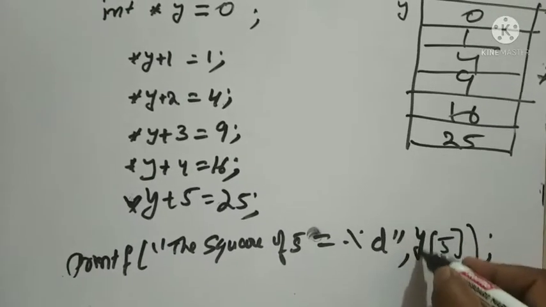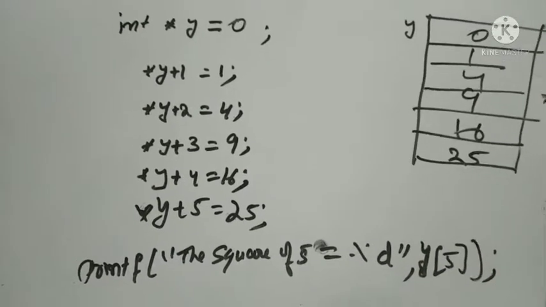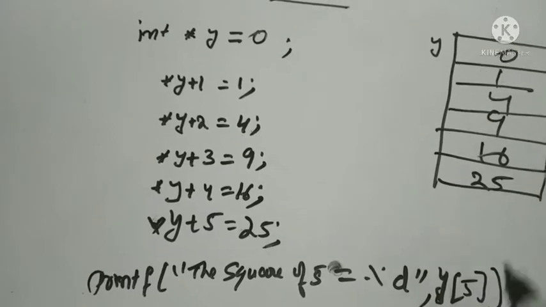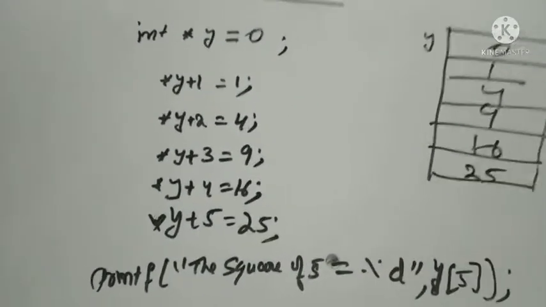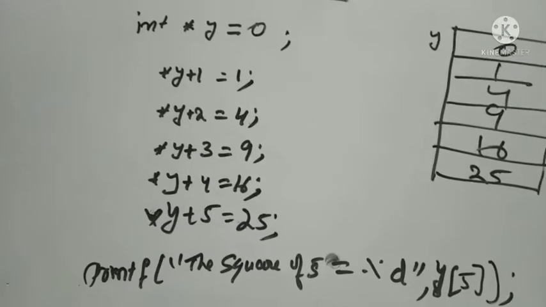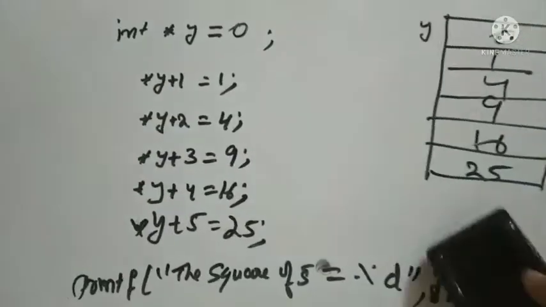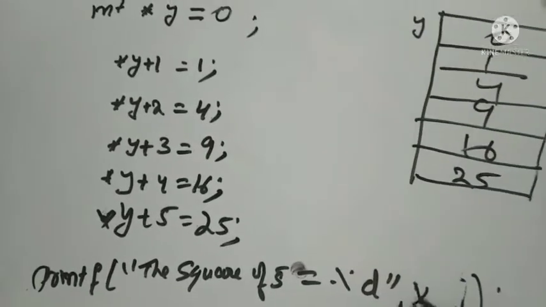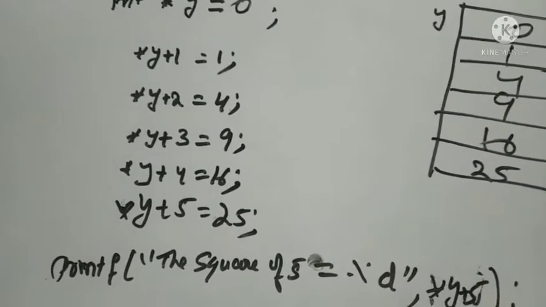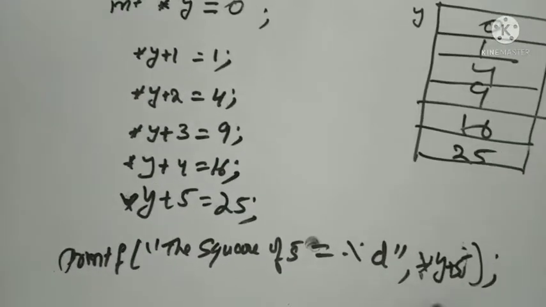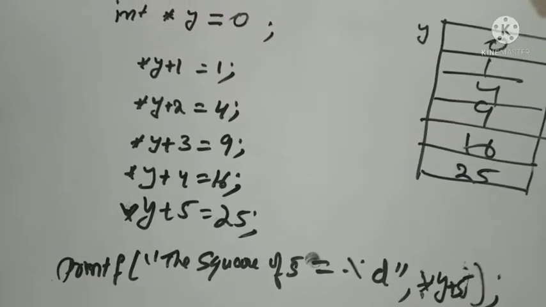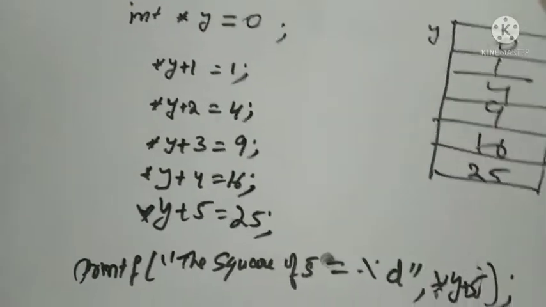Now an array y is created, and if I write y of 5, it will go to the location and give the value of y of 5. Or we can use star of y plus 5 also, that will also give us the value. We'll see what happens if I use star of y plus 5 and y of 5 on our computer.